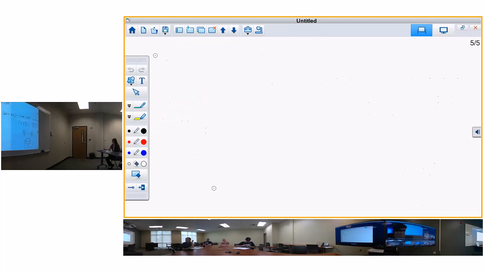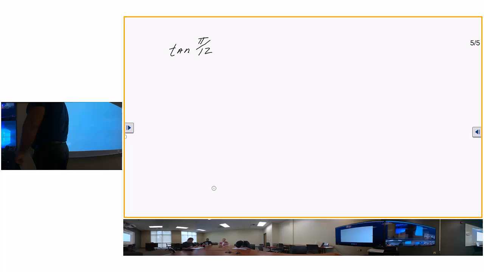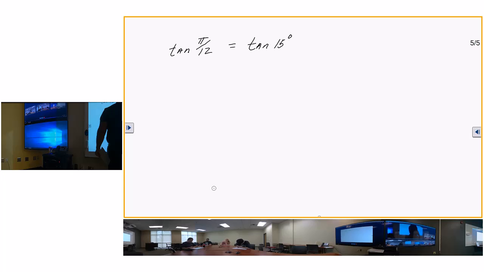So now we're going to do the tangent of pi over 12. Of course, the first thing you do is you throw away the pi over 12 and change it to what? 15 degrees. So this is the tangent of 15 degrees. I remembered we did 15 degrees, but instead of doing the sine and the cosine, I changed it to tangent.